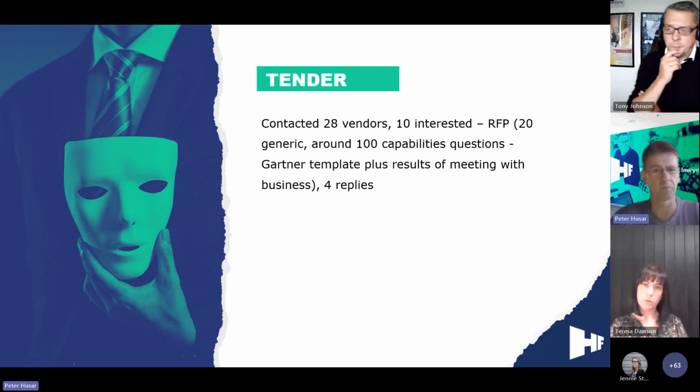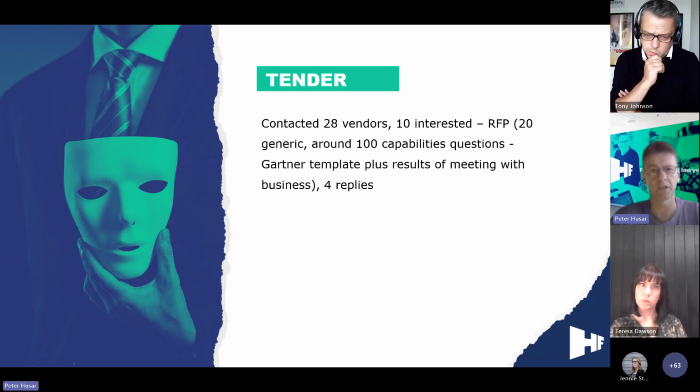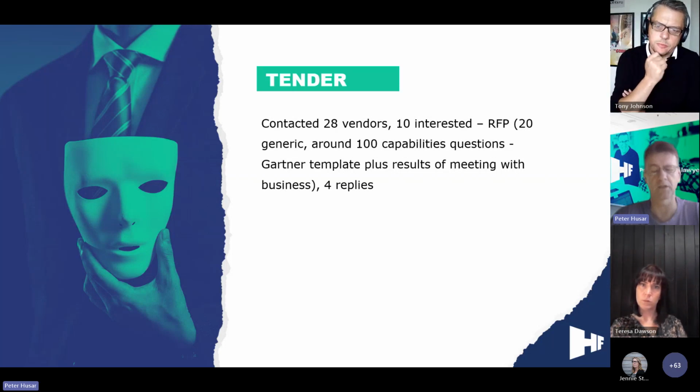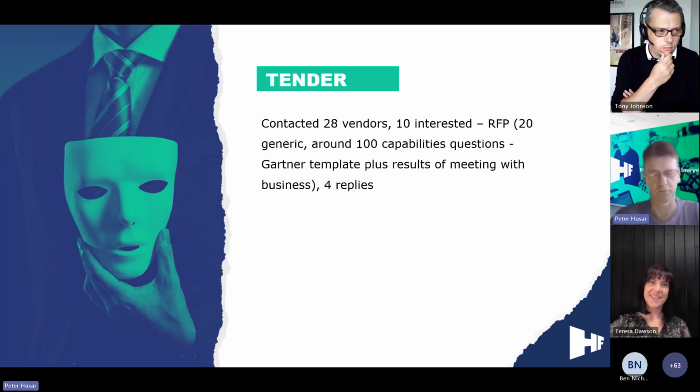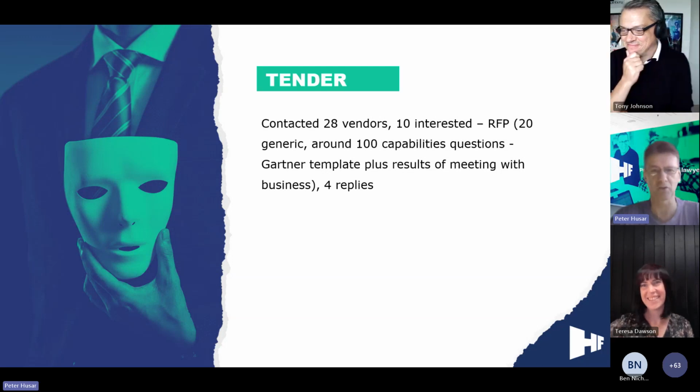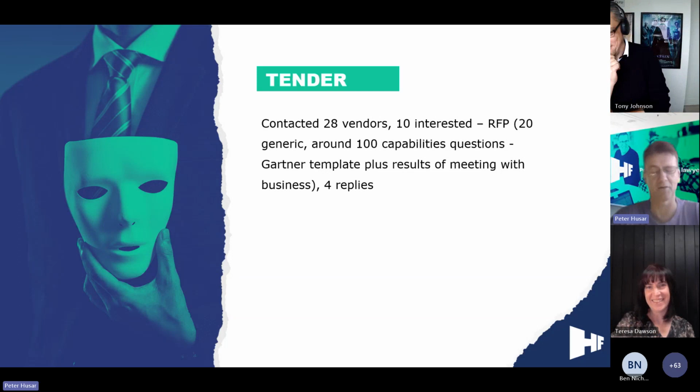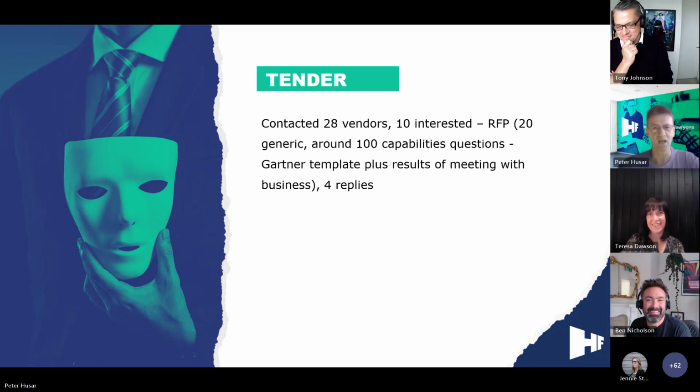We used a Gartner template plus results of a lot of meetings with our business, and based on that, we received just 4 replies. I think Sebastian is not on the call, and I remember him saying that when he opened the request for proposal, he used different words, but he wasn't happy seeing so much he has to do about it. So sorry, Sebastian. But it helped us receive just 4 relevant replies, and it made our life much easier.